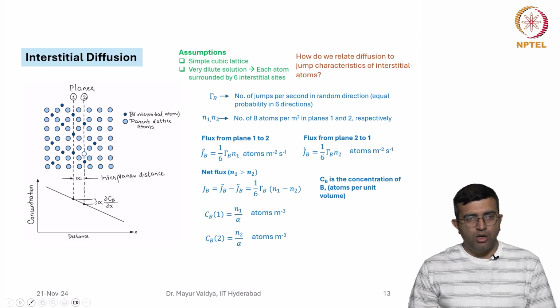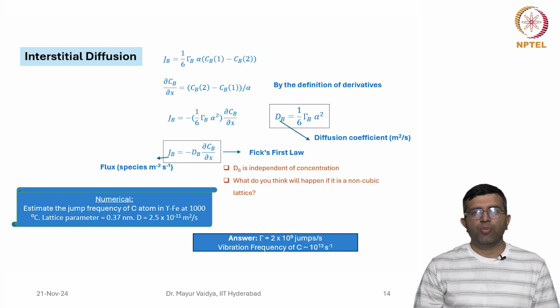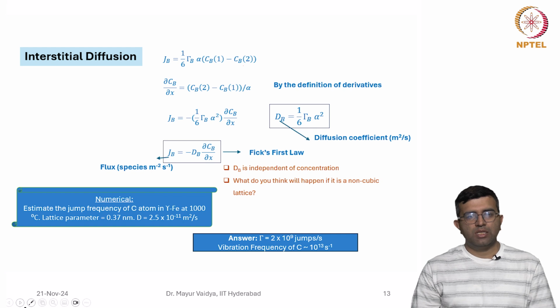So now if we move ahead, this net flux JB is nothing but 1 by 6 gamma B alpha times CB1 minus CB2. Remember that what we are talking about is a very small interplanar distance alpha.